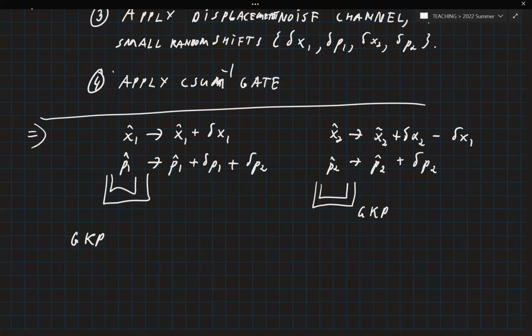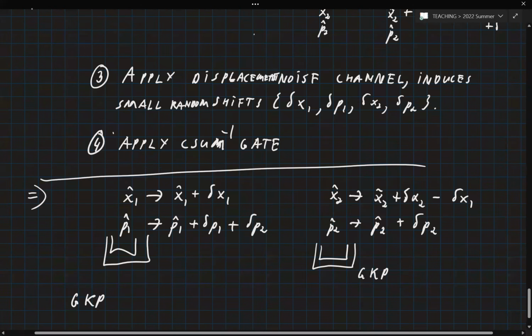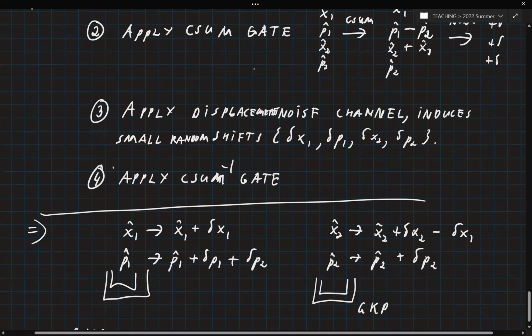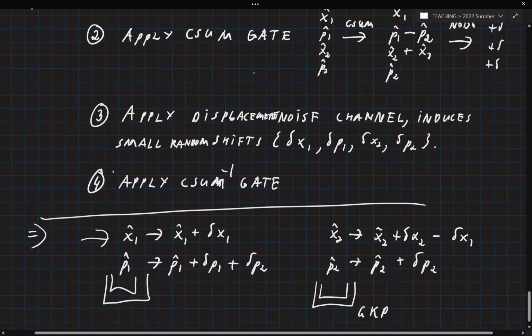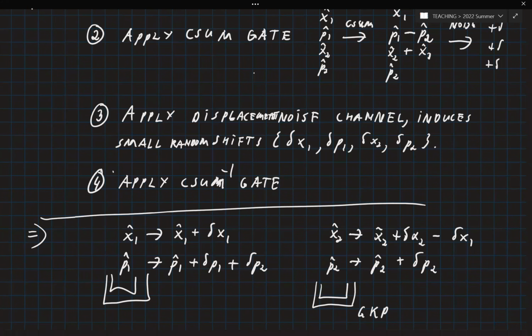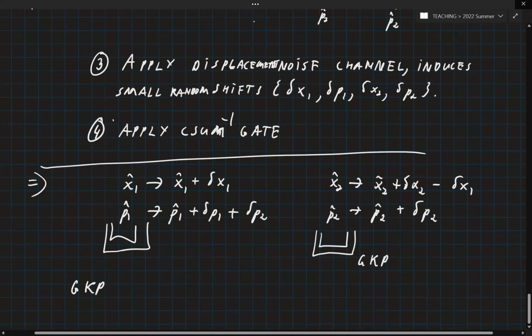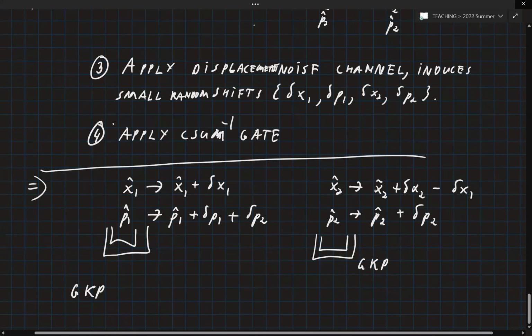This delta x1 has nothing to do with the delta x1. I mean, this particular one does because the C-sum gate doesn't mix that. So I'm sticking with this convention because it does keep the P2 and the X1 there as the same.